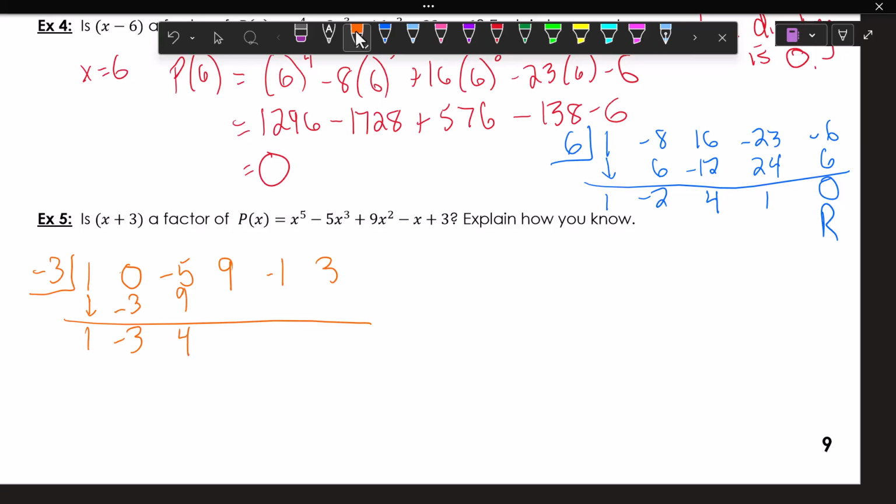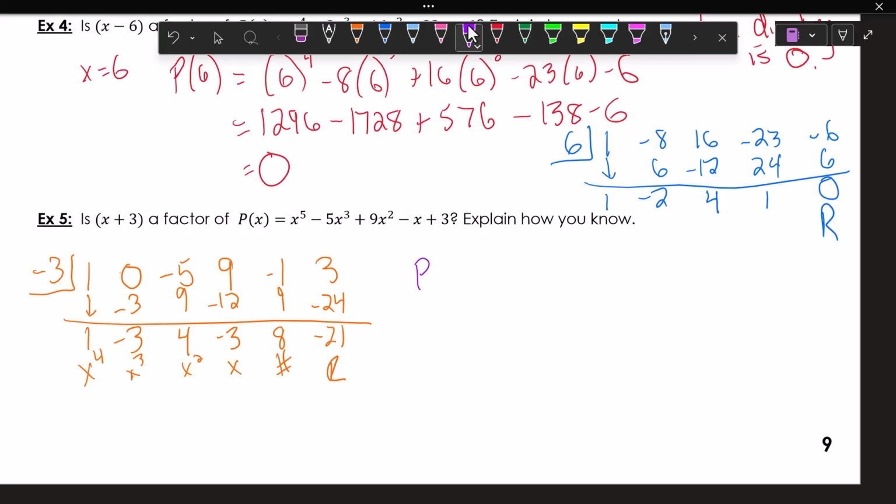We add down. 4 times -3 is -12. We add straight down. -3 times -3 is a positive 9. We add straight down. Multiply it by -3 and add straight down. So again, that's our remainder, our x, our number, our x squared, our x cubed, and our x to the fourth. So it looks like no, it's not a factor because we have a remainder when we divided by it.